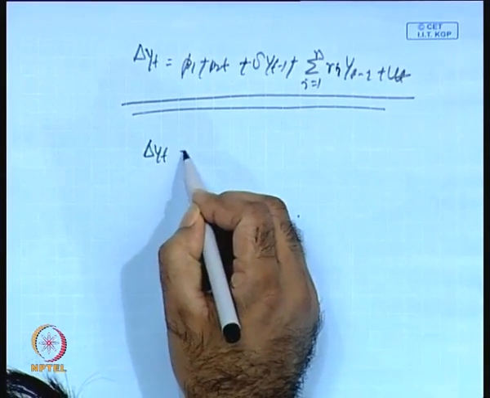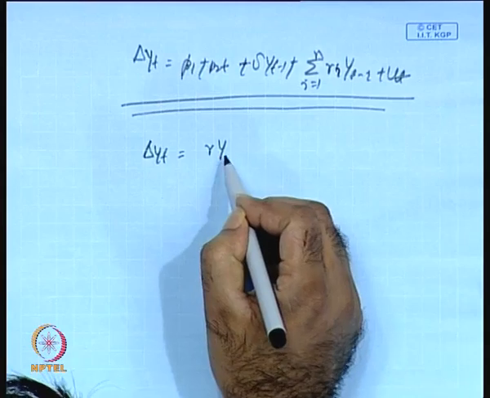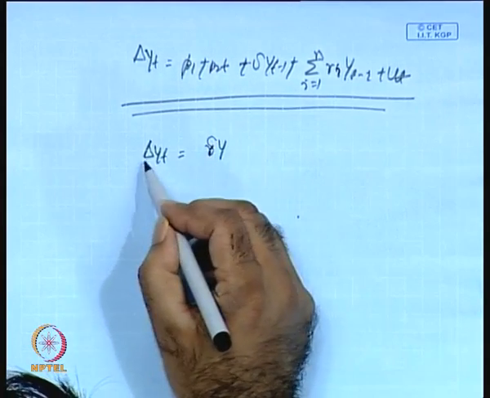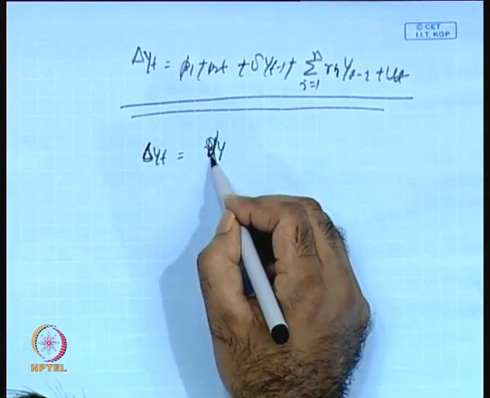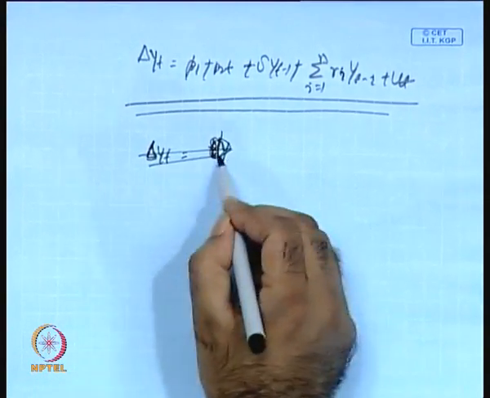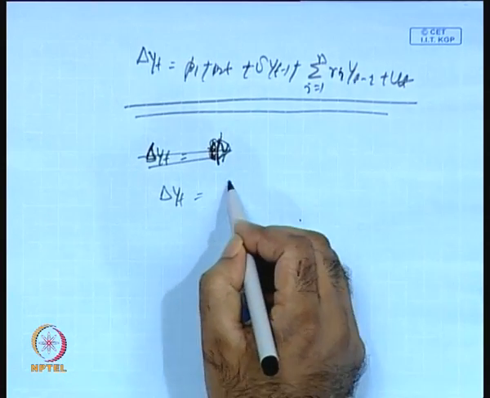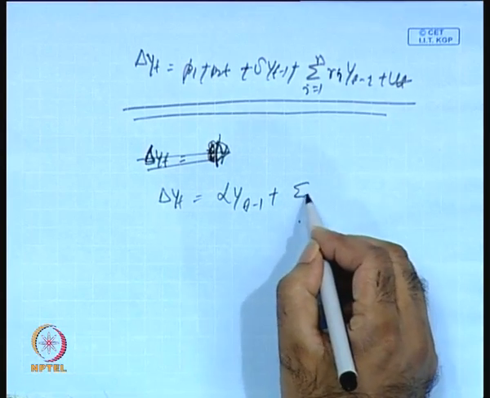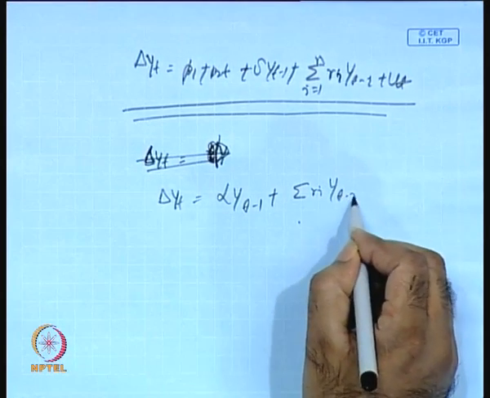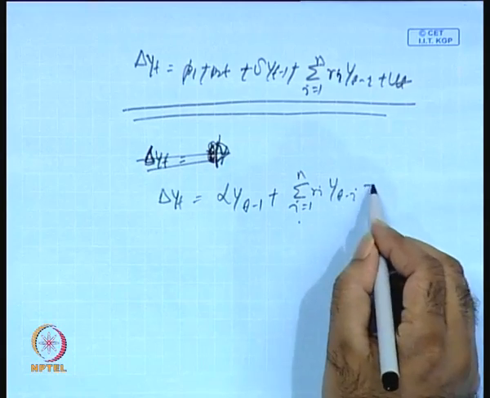Like the Dickey-Fuller test, it has 3 different versions. Let me highlight the 3 different versions here. So, delta y t equal to alpha y t minus 1, plus summation gamma i delta y t minus i, i equal to 1 to n, plus u t.